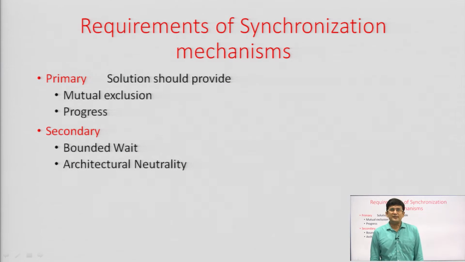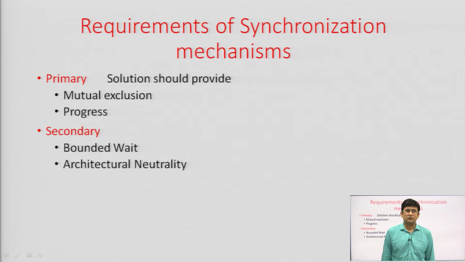Now, whatever solution we devise for achieving synchronization, it must satisfy 4 conditions, out of which 2 are the primary conditions and 2 are the secondary conditions. For example, mutual exclusion: obviously we try to achieve mutual exclusion. The entire theory starts with mutual exclusion. Our solution should guarantee that mutual exclusion is there.